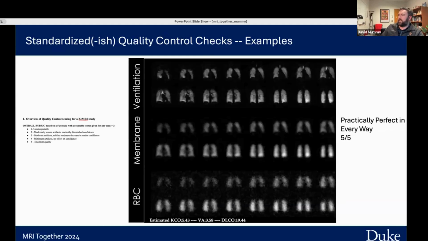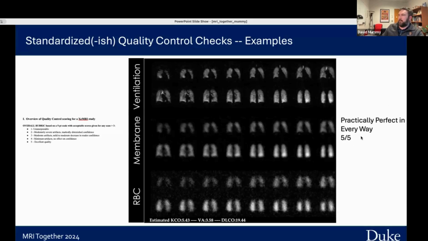And then going into gas exchange, I'll reorient you. Now we have those 3 compartments that I talked about at the beginning: the ventilation, the membrane signal, and the RBC signal. And looking at this one, this is great. A little bit of noise in the RBC signal is normal because by the time the gas gets that far, the signal is just naturally pretty low.